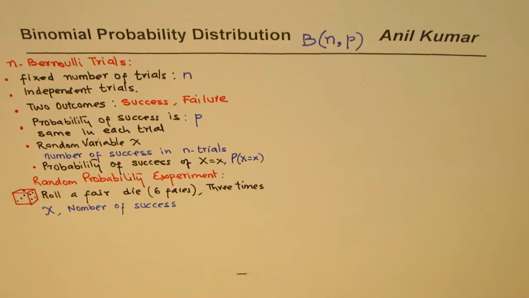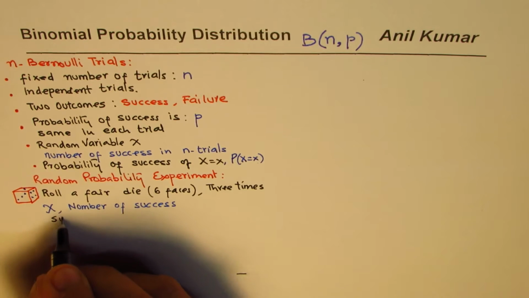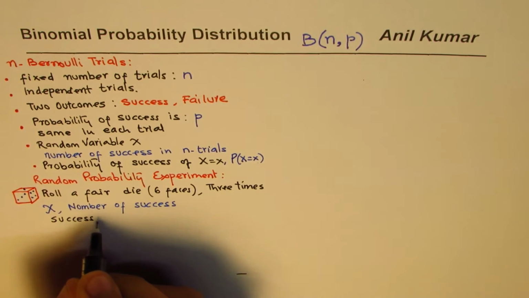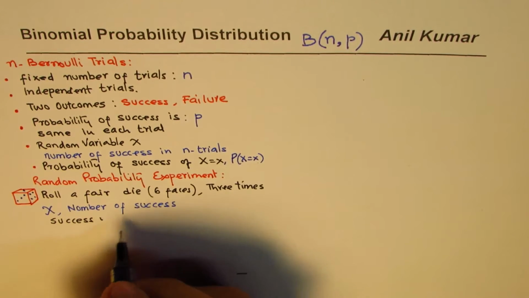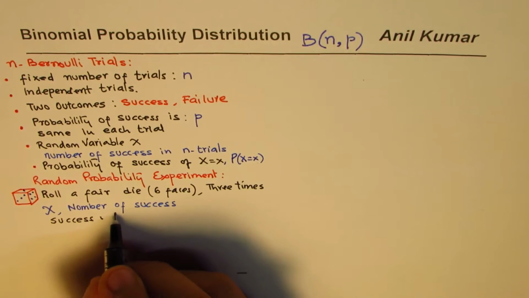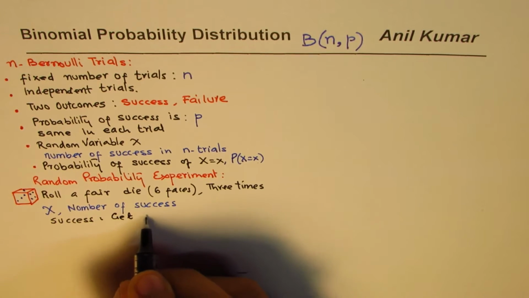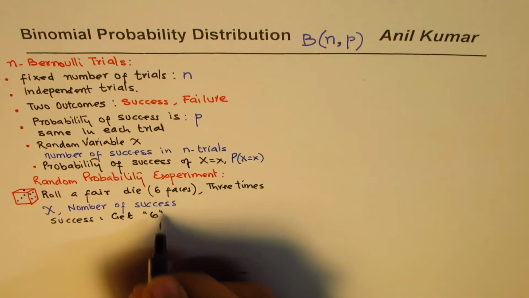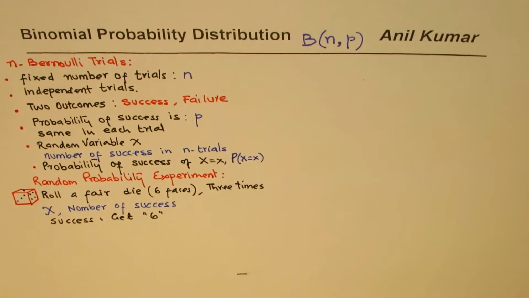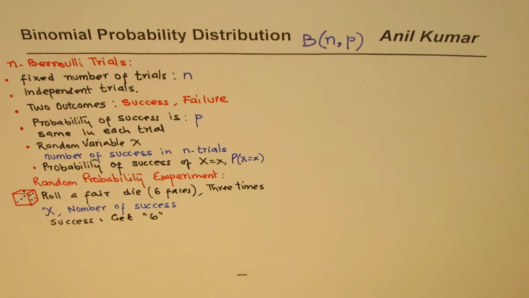What is the success in our case? Let us say, when you throw a die, you get the number 6. So if I roll a die and if I get 6, I will call that a success. Is that fair enough?